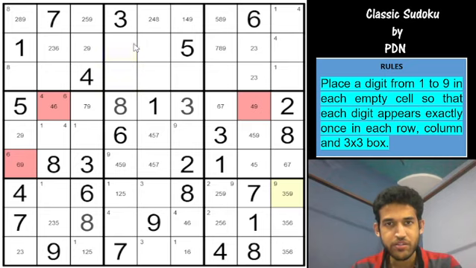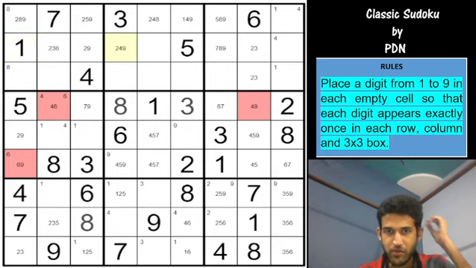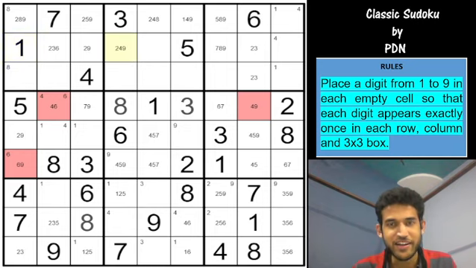Okay, this cell can't be 3, 6, 7, 8, cannot be 1 and 5. So it must be 2, 4, 9. So I've probably written so many candidates inside cells now. I'm supposed to see here.